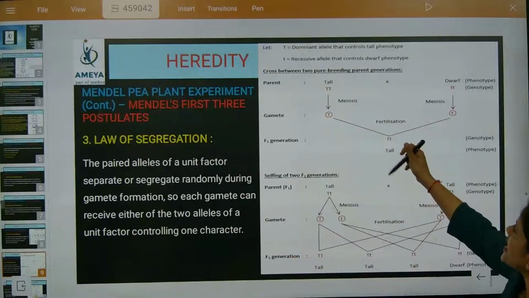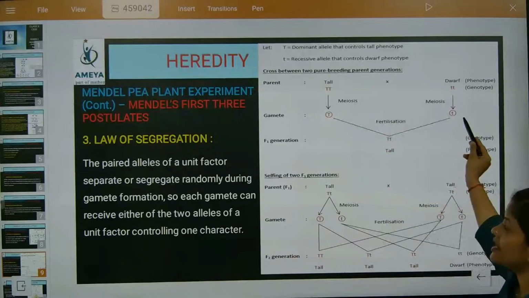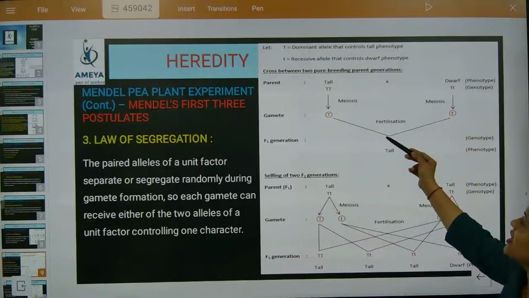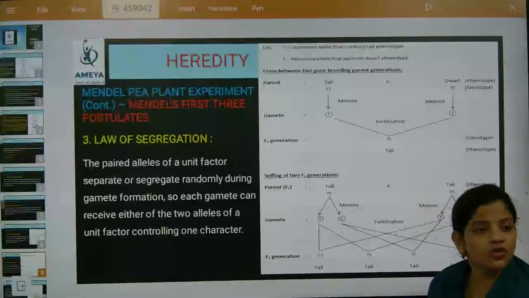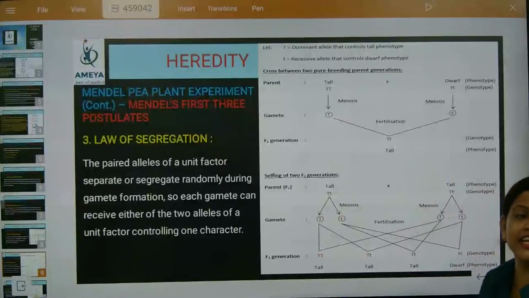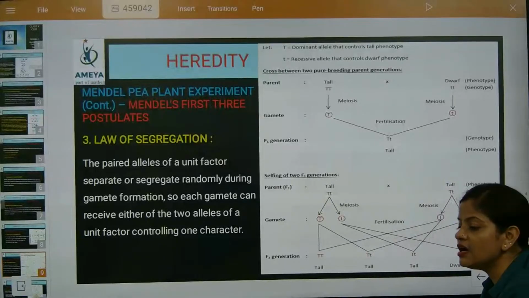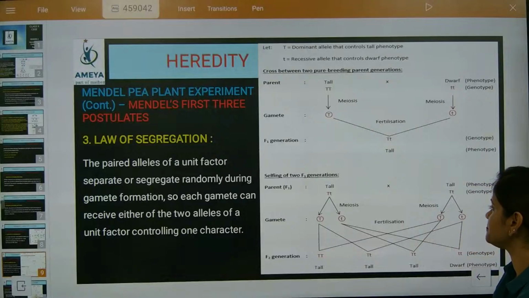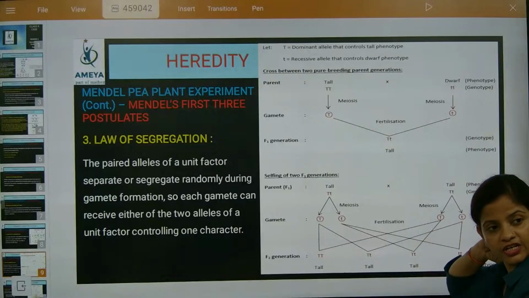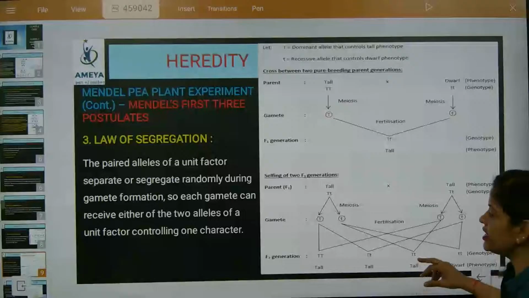So here it is exactly seen: it is separated, and after separation again it shows one character by joining together. So this is called the law of segregation. What is this law called, beta? Law of segregation. Absolutely correct, both of you. Yes, beta, this is called the law of segregation.